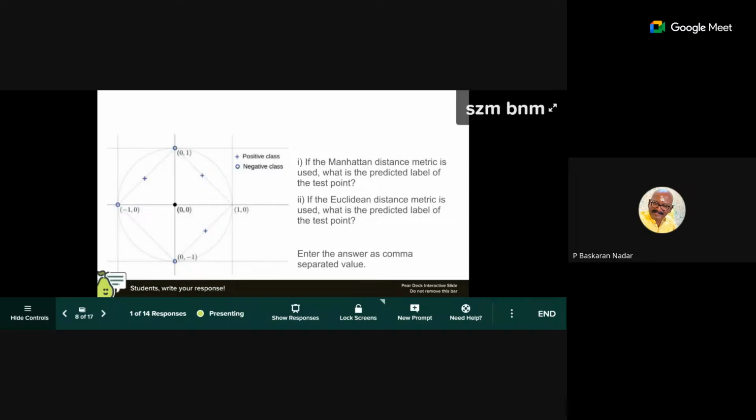Which is the test point? 0, comma 0. Okay. So you have to predict using both the distances.